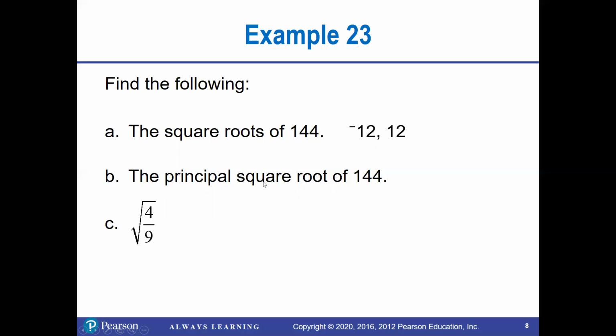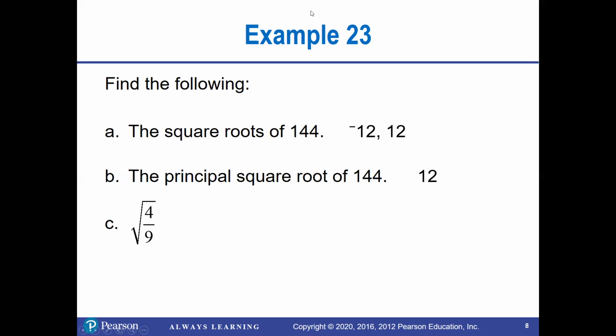The principal square root of 144 is just 12. Most of the time when we find the square root of something, it's going to be solving an equation. If I just give you the square root of 144, then it's your principal square root of just 12.